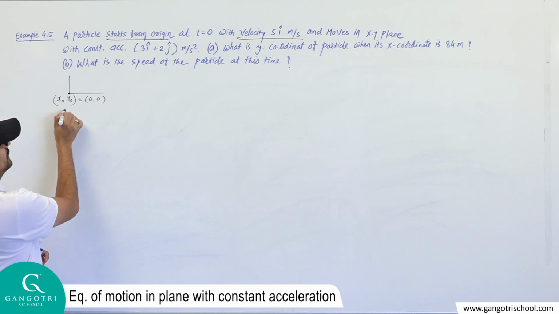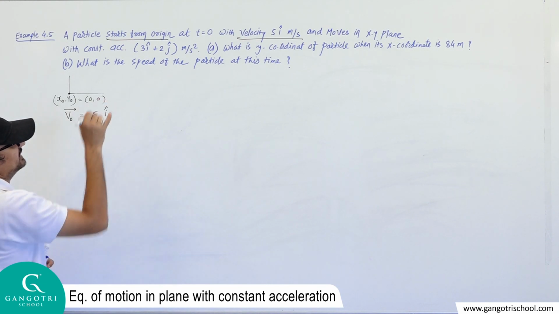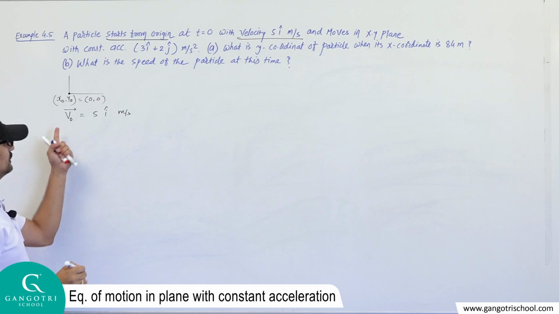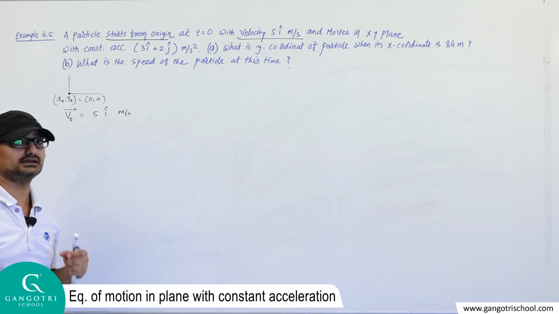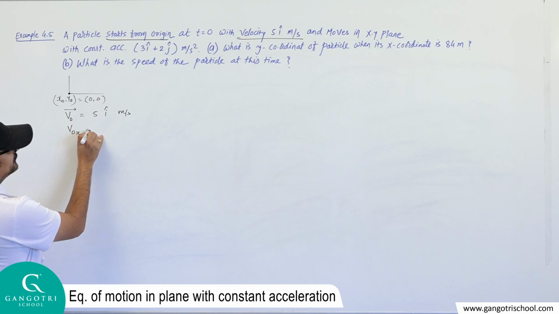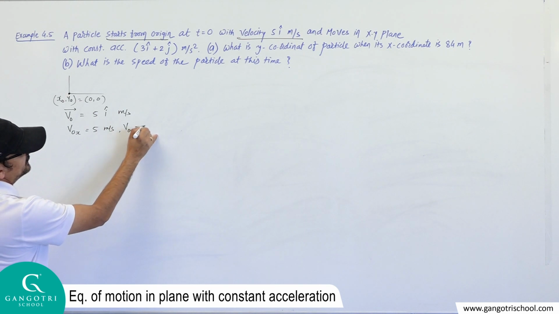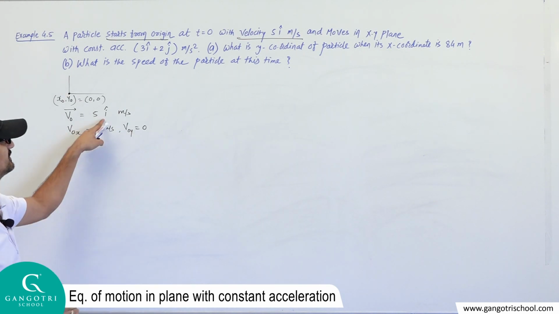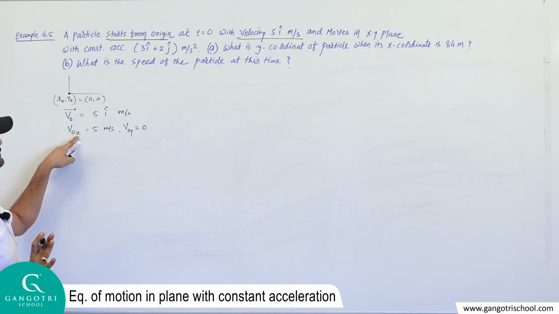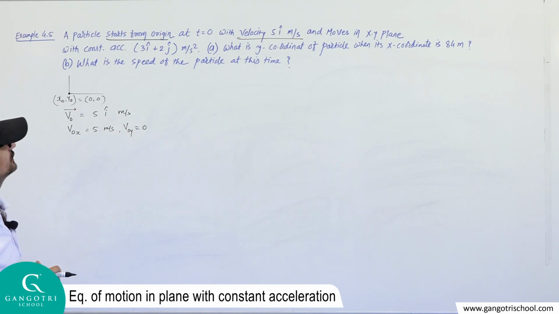Five is the magnitude of the initial velocity, and i caret indicates that it is in the x direction. From this it is very clear that the initial velocity has only one component. The x component of initial velocity is 5 meter per second, whereas the y component of initial velocity is 0. There is no term having j caret, only i caret is there.